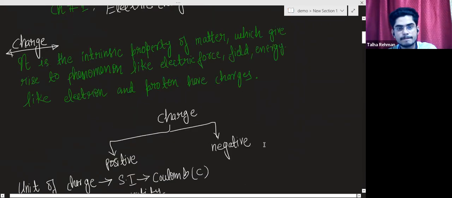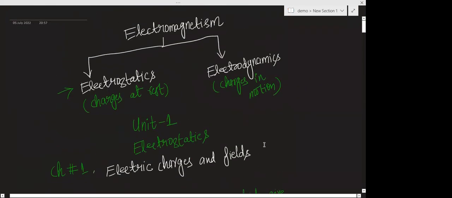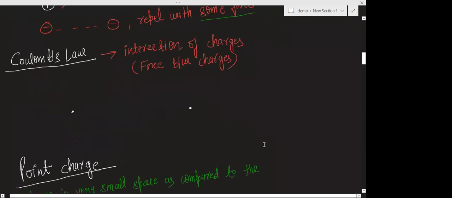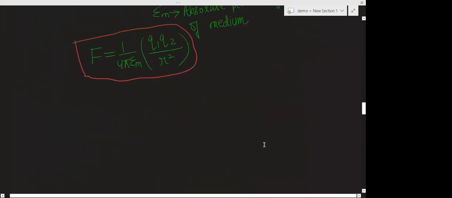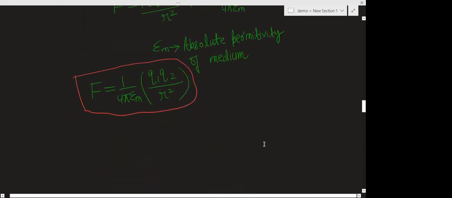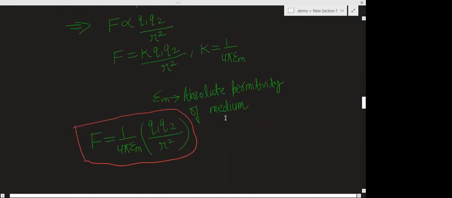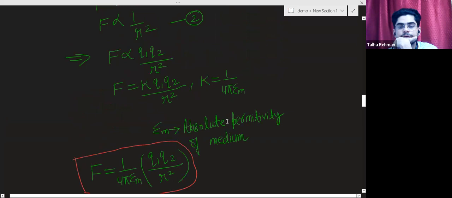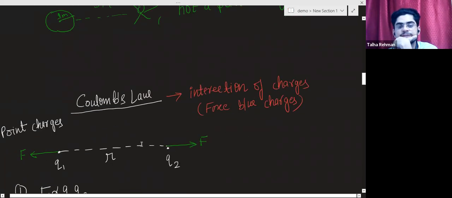Fine. Yes, sir. Now, these two charges are in some medium. Medium could be anything. It could be air, it could be water, it could be oil.